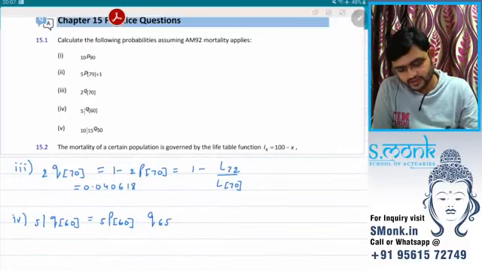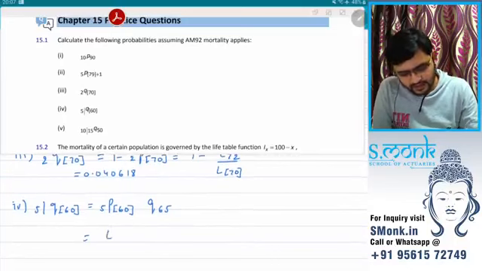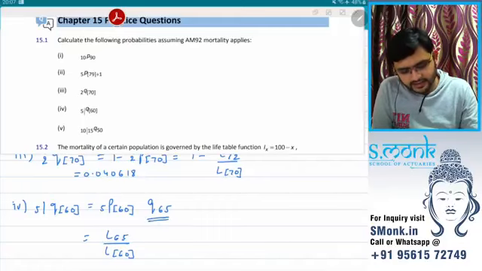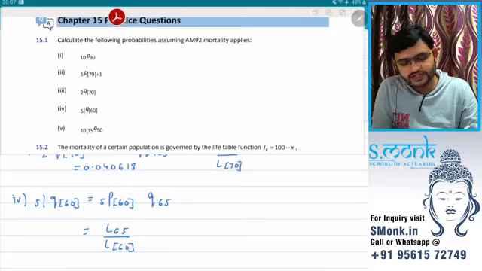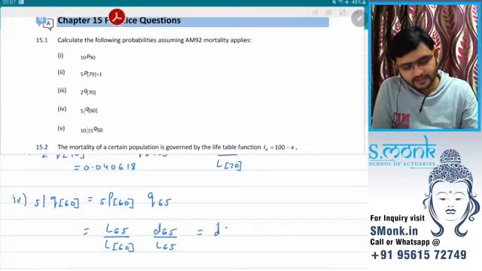So this would be L65 upon L select 60, and I can use D here because the D table is given just for 1 year, so D65 by L65. L65 cancels out, and finally I'll have D65 upon L select 60.